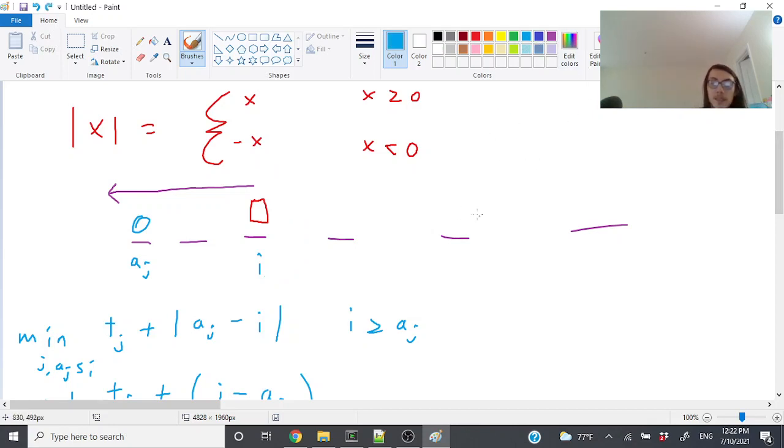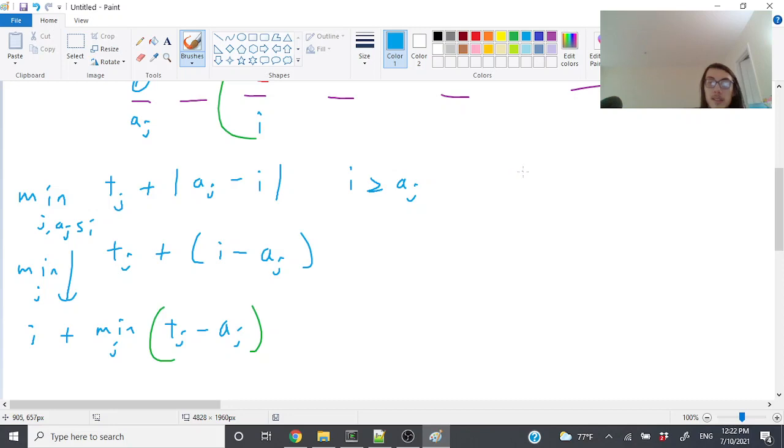Now we do the same for the other half. For example, the air conditioner here. It's the same thing, except now the cost is, if i is less than or equal to aj, you can assume equal, it doesn't matter. If we count equal twice, it's okay because we're taking the minimum. So it's the minimum over all j of tj plus, again, the same cost, aj minus i, just the definition.